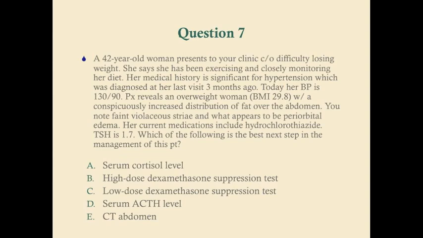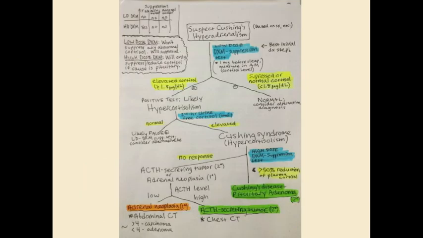Okay, so the answer here is a low-dose dexamethasone suppression test. So this is a patient who has signs and symptoms and a history consistent with Cushing syndrome. So here's the little tree that I gave you in the hyperadrenalism lecture. Now, if you suspect Cushing syndrome, then the best initial diagnostic step is a low-dose dexamethasone suppression test.